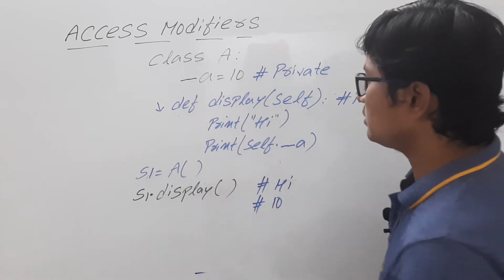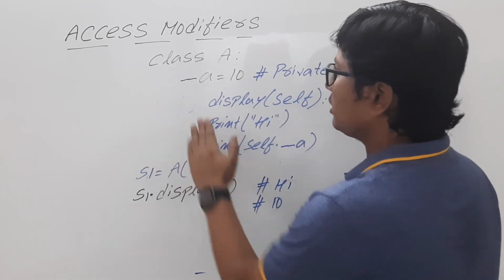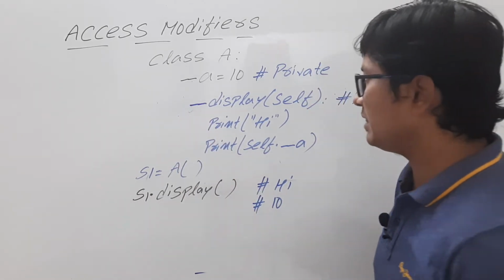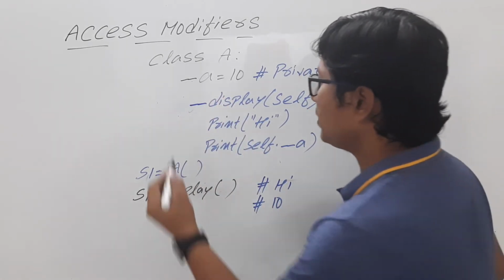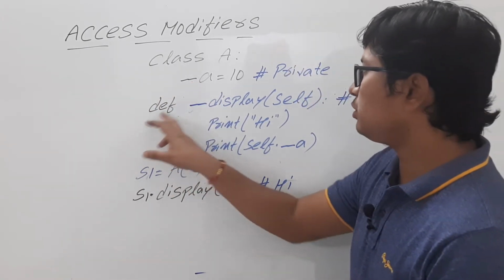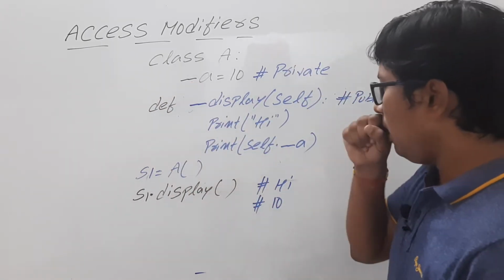Now let me discuss if, instead of a public method, I make it a private method. Suppose let me modify the code a little bit. I am writing double underscore before the name of the method, and then this will become a private method, and I am writing def because def is the keyword to define a function.